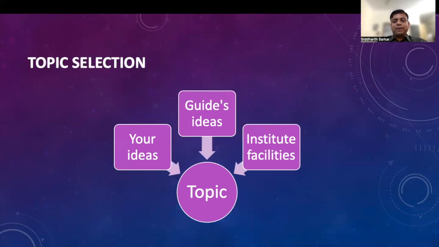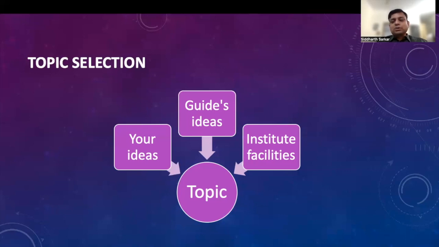Now, how do you select a topic? The selection of topic is determined by various factors. It is determined and governed by what your ideas are. What do you want to do research in? What field interests you? It is also guided by what the guide wants. So for your dissertation, you will be allocated one guide who will suggest to you certain topics and who would teach you skills of research, who will correct your protocol and the thesis subsequently, and it will be leading to submission.